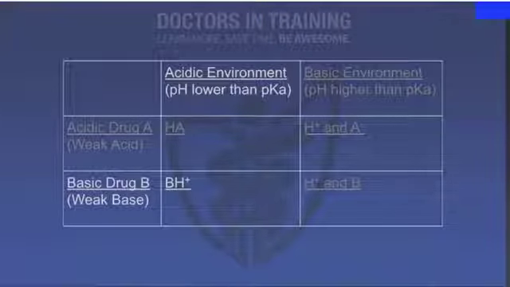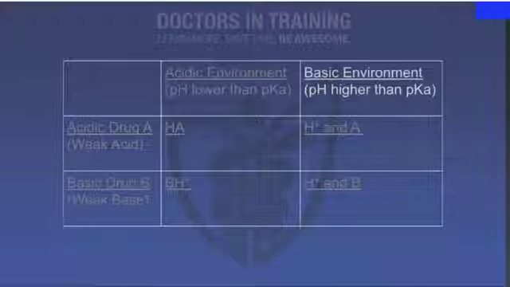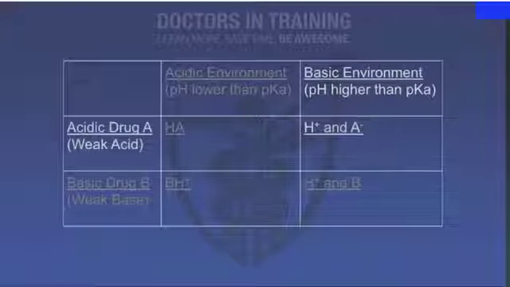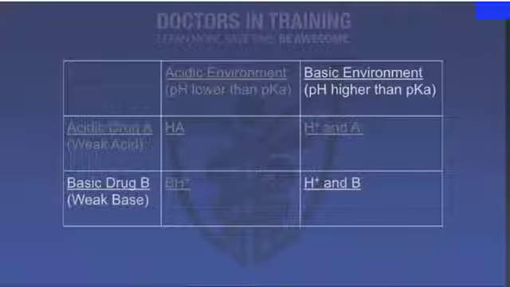And if you have an alkaline urine, a basic urine, that means that the pH is higher than the drug's pKa, and so the non-protonated form of the drug will predominate. And again, for acidic drugs, the non-protonated form is A-, and for a basic drug, the non-protonated form of the drug is B. And then also you have the protons, the H+ out there as well.